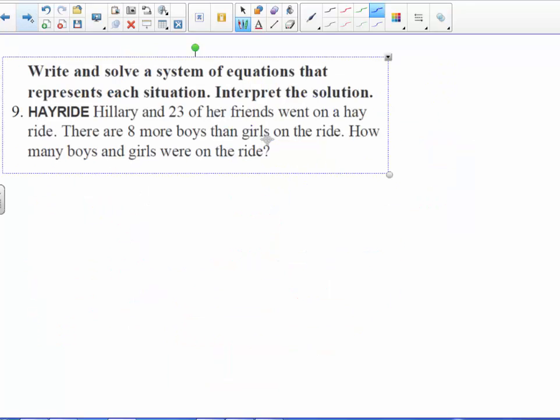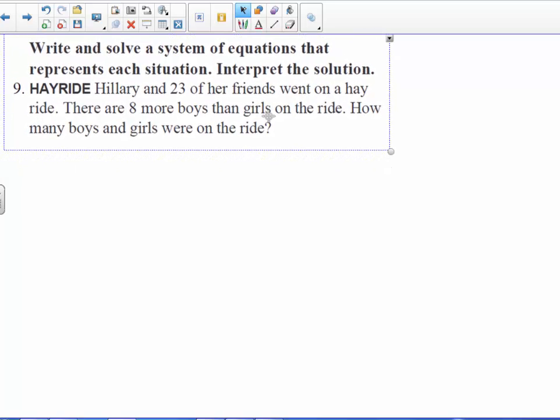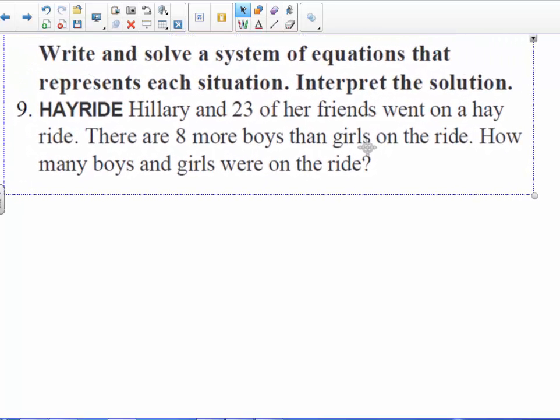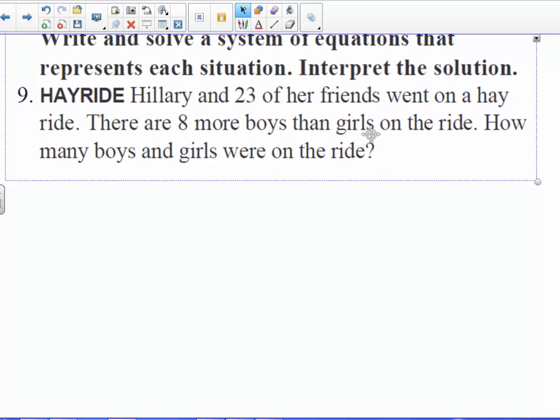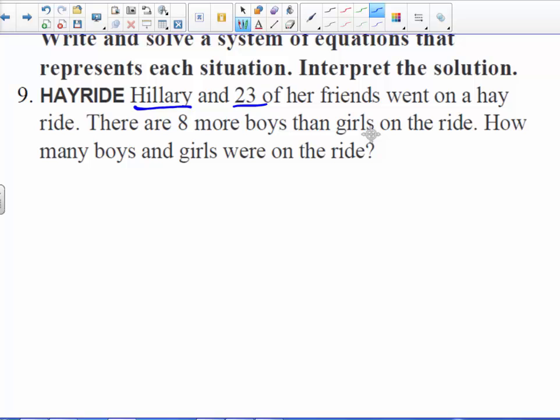Okay, next one. Write and solve a system of equations. Represent each situation. Interpret the solution. Hayride. Hillary and 23 of her friends went on a hayride. There were 8 more boys than girls on the ride. How many boys and girls were on the ride?